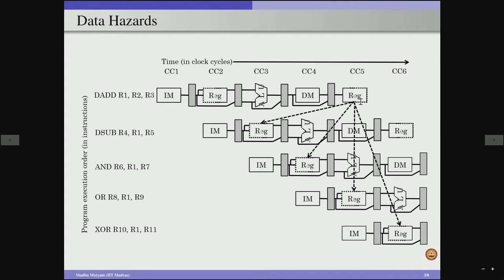But because the value will be written at the end of the 5th cycle, or the first half of the 5th cycle, there will not be any problem for the OR instruction as well as the XOR instruction. We can supply the data for these 2 instructions, but for the subtract and the AND instructions, we have to come up with other mechanisms to minimize the penalty associated with this data dependency. Otherwise, we have to stall the sub and the AND instruction.